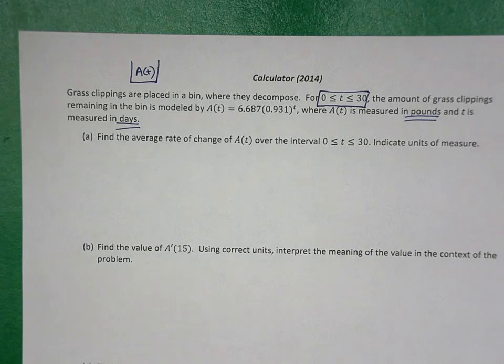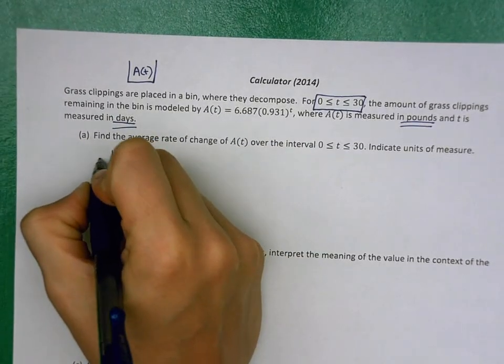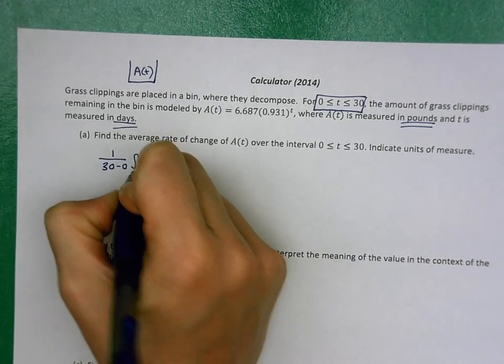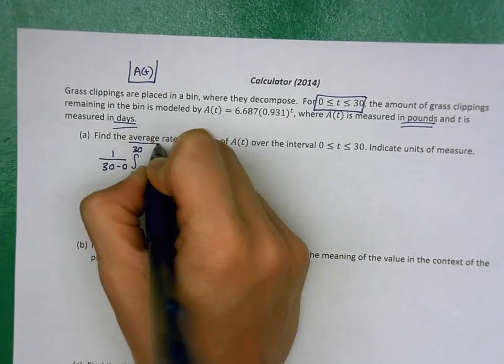Okay, part A: find the average rate of change of A of t over the interval 0 to 30. Okay, average rate of change could show up this year on the AP test, right? So this is a good thing to remind ourselves of how to do. This comes out of 4.4, okay? Average is 1 over b minus a times the integral from a to b. So that's average, right?